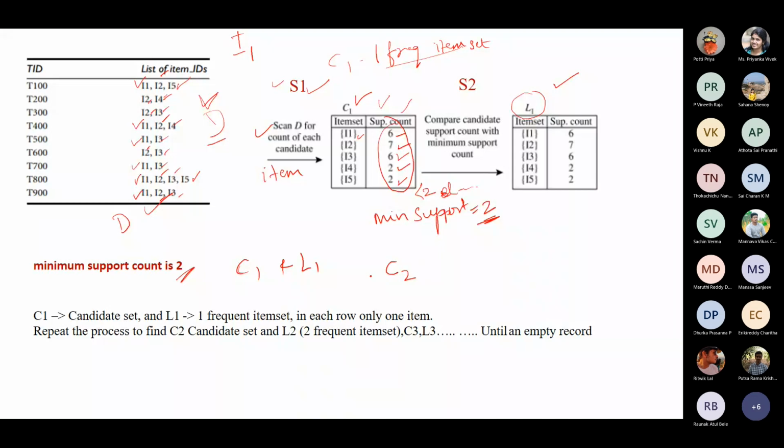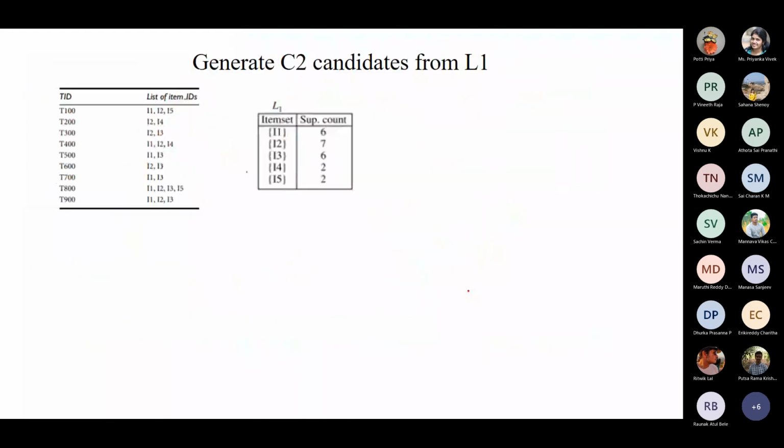How is C2 generated? C2 is generated from L1. So in order to generate C2, look at L1. This L1 is also one frequent item set: I1, I2, I3, I4, I5 with their support count. Now C1 is one frequent item set.